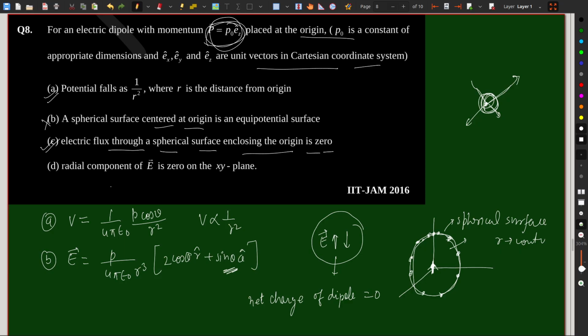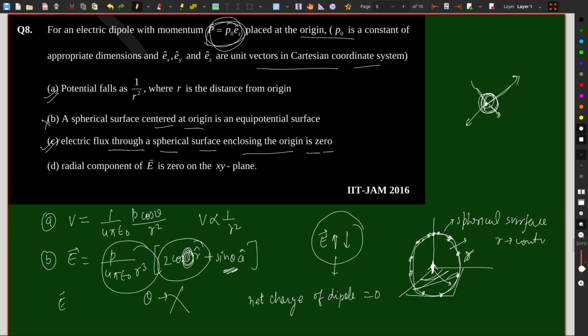Radial component of E is zero on the xy plane. On this plane theta will not change, and for any sphere r is fixed, so everything is constant.